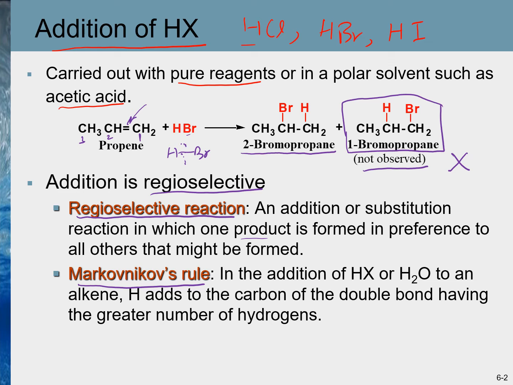According to Markovnikov's rule, in the addition of a hydrogen halide to an alkene, hydrogen adds to the double-bonded carbon that has the greater number of hydrogens already bonded to it. In other words, the hydrogen will go to the carbon which already has more hydrogens. So that's why hydrogen in this reaction prefers carbon number 1, because it has more hydrogens already bonded. This rule is known as Markovnikov's rule.